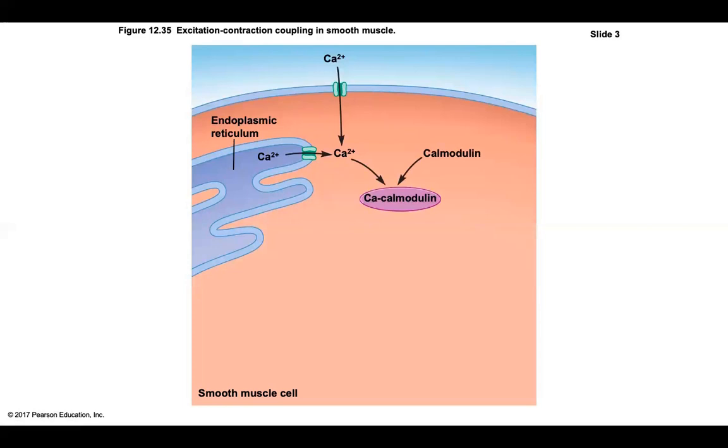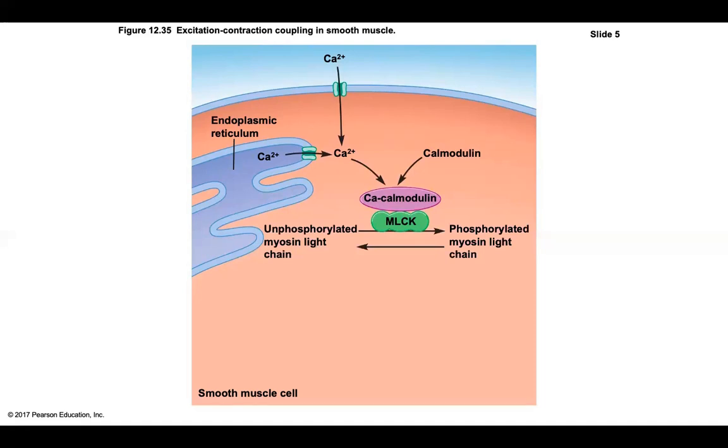Calcium binding to calmodulin creates the calcium-calmodulin complex, which is basically activating or turning on calmodulin. This complex, now that it's activated, will activate MLCK, myosin light chain kinase, which is an enzyme.